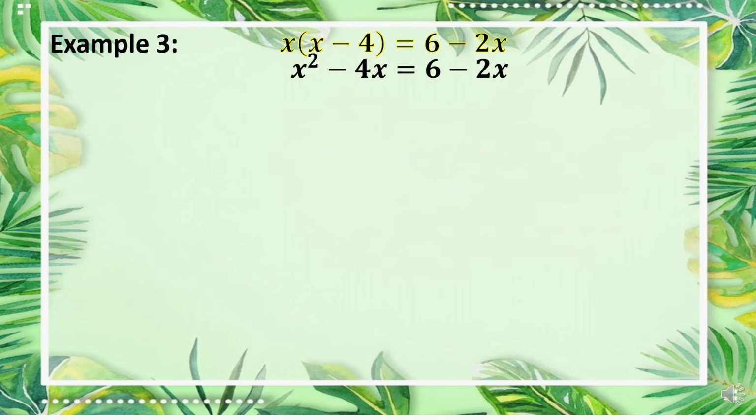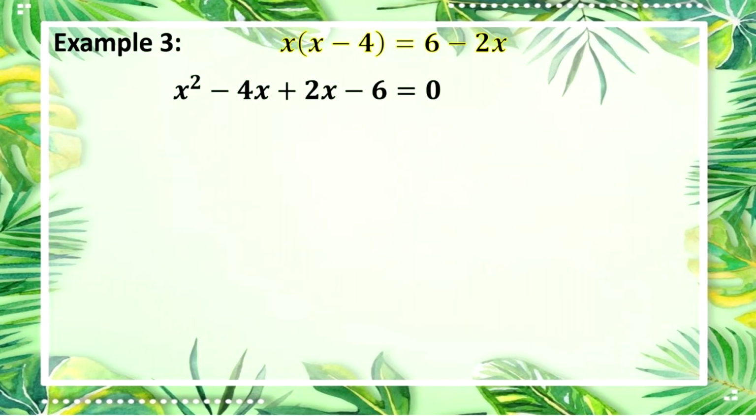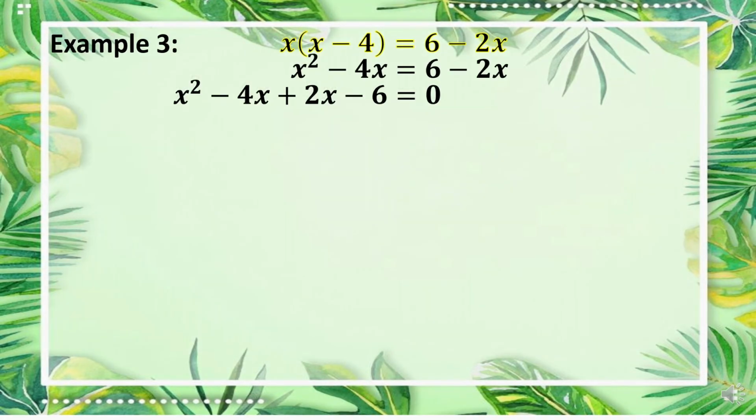So we will have x squared minus 4x plus 2x minus 6 is equal to 0. And then combine similar terms. So we have x squared minus 2x minus 6 is equal to 0.